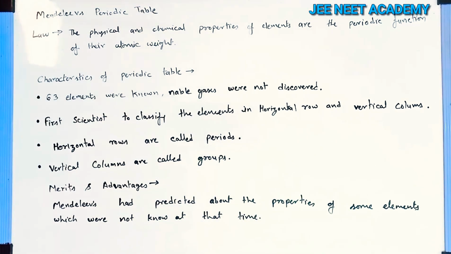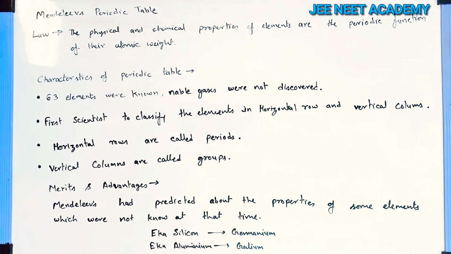So what he wrote for the name of those elements: Eka-silicon for germanium, Eka-aluminium for gallium.